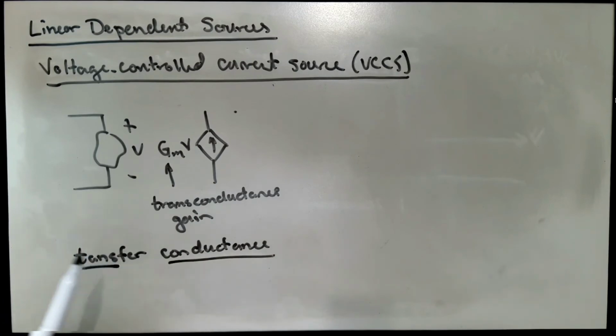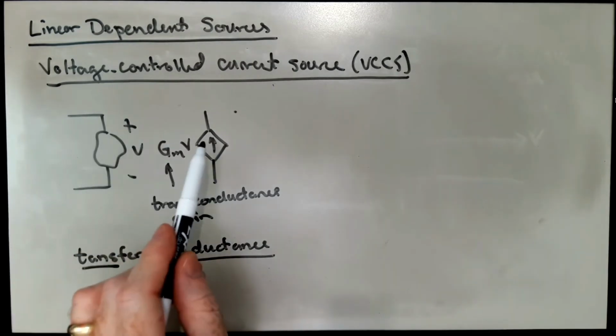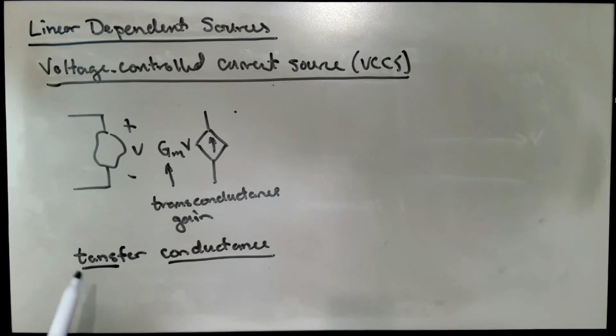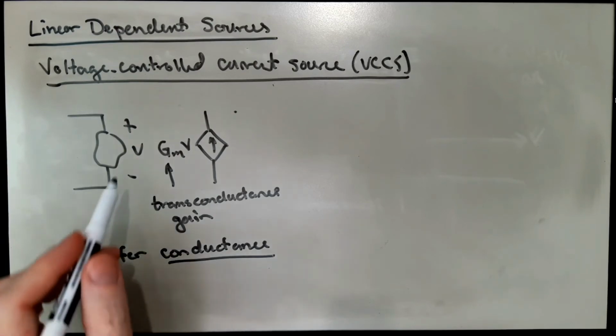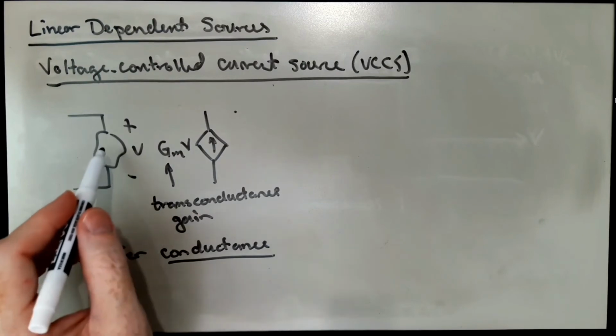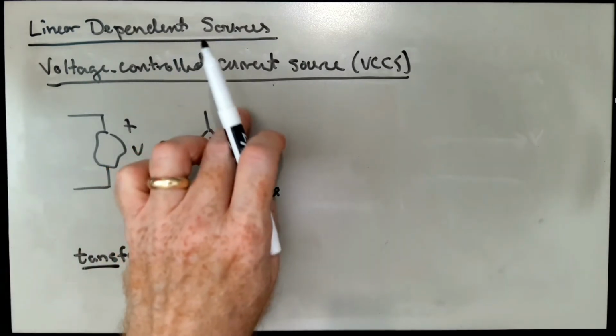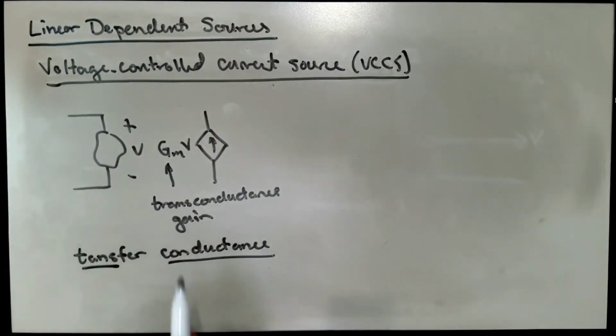So trans kind of has this meaning of across. So it's a parameter just like our voltage gain and our current gain that takes a voltage somewhere in the circuit and produces a current somewhere else in the circuit. But it has units.